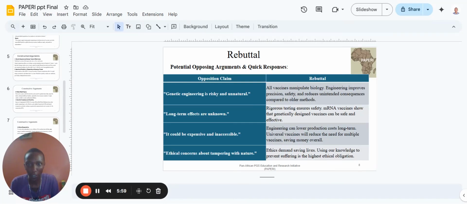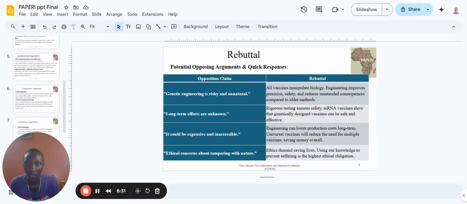So for a rebuttal, the opposing team, the negative team, rebutted and claimed that genetic engineering is risky and unnatural. But we rebutted their claims and said all vaccines manipulate biology, engineering improves precision, safety, and reduces unintended consequences compared to older methods.